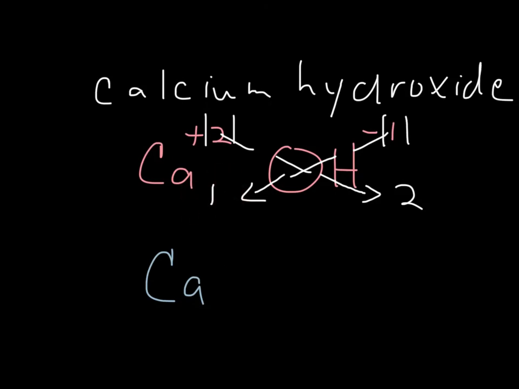And then I'm going to have hydroxide. But if you notice, I need 2 hydroxides. And the way you write that formula is, since you need 2 hydroxides, you've got to put it in parentheses. And then you put a 2 on the outside. So what we're saying is, I need 2 hydroxides. And this is the formula for calcium hydroxide.